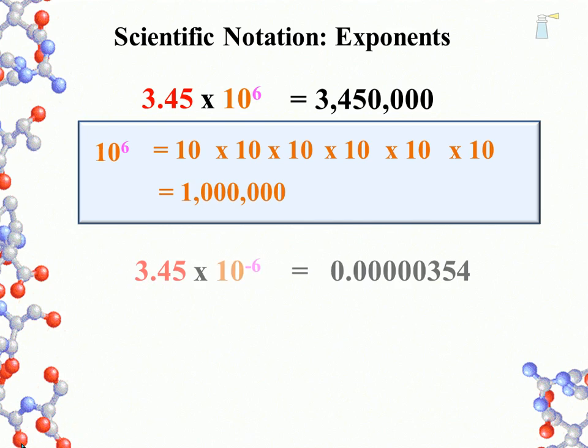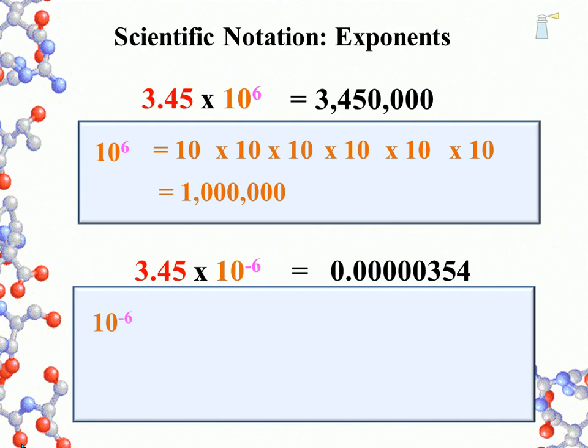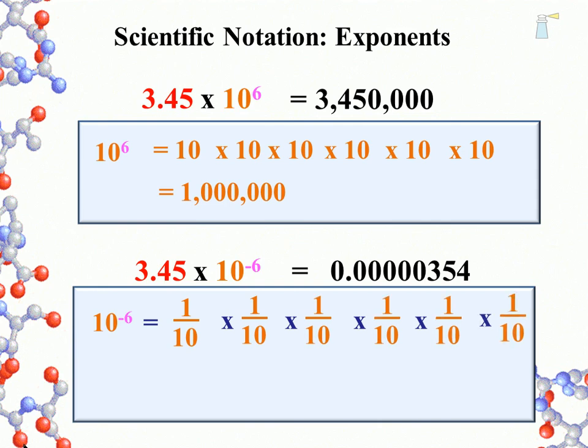We can contrast that with 3.45 times 10 to the minus 6, which is equal to 0.0000345. That's 5 zeros. This equation is only possible if 10 to the minus 6 is equal to 1/10 times 1/10 times 1/10 times 1/10 times 1/10 times 1/10.